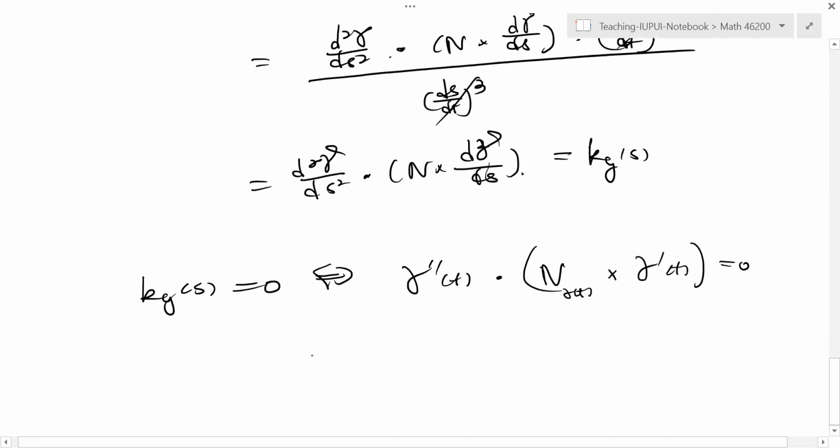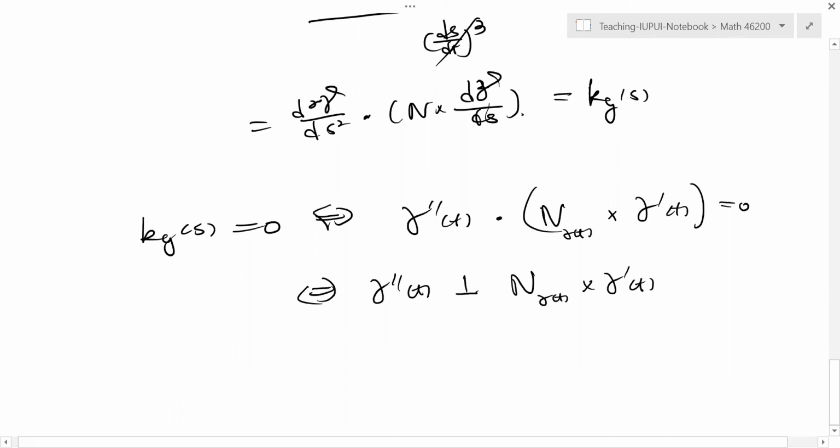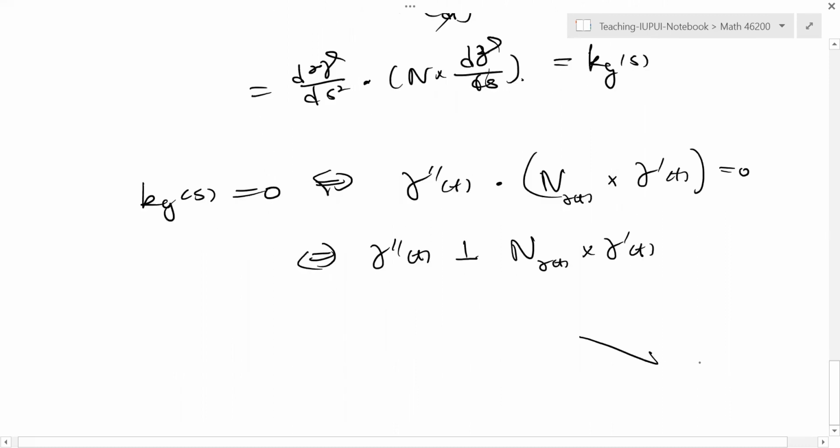So if and only if gamma double prime is perpendicular to n. Let's go back to the picture again. This is gamma prime of t, and this is the normal vector, and this will be the normal.